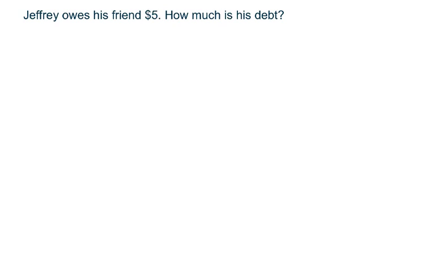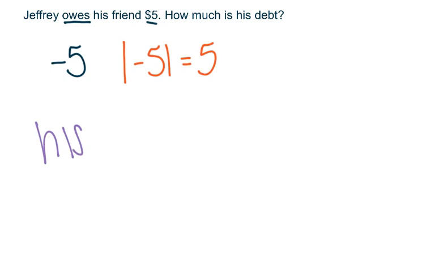Jeffrey owes his friend $5. How much is his debt? We know that Jeffrey owes his friend $5, so it is going to be negative 5. We are going to find the absolute value of negative 5, which is equal to 5. So his debt is $5.